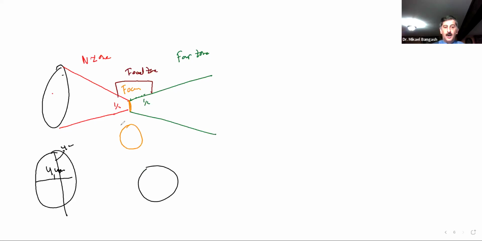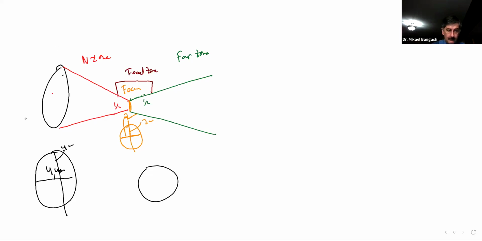But here, our diameter of the beam would have been half of what we had here, so it will be 2 centimeters. This dimension here would have been 2 centimeters, or even this dimension here would have been 2 centimeters. Clear? Okay.